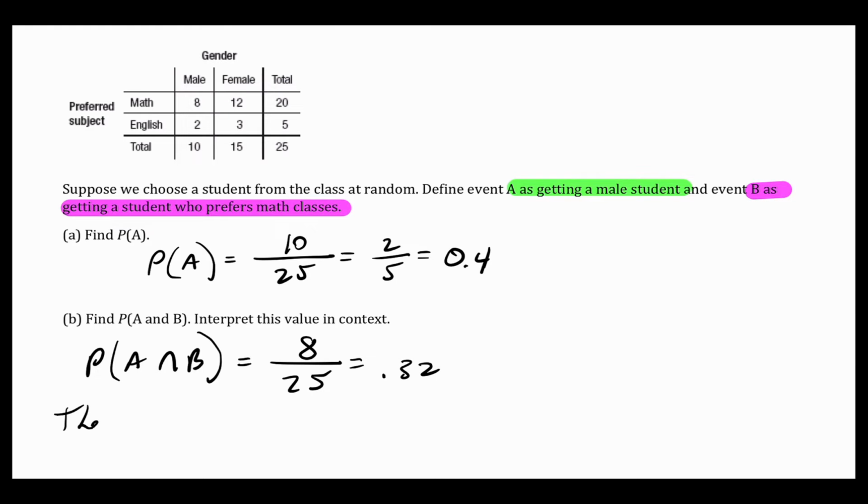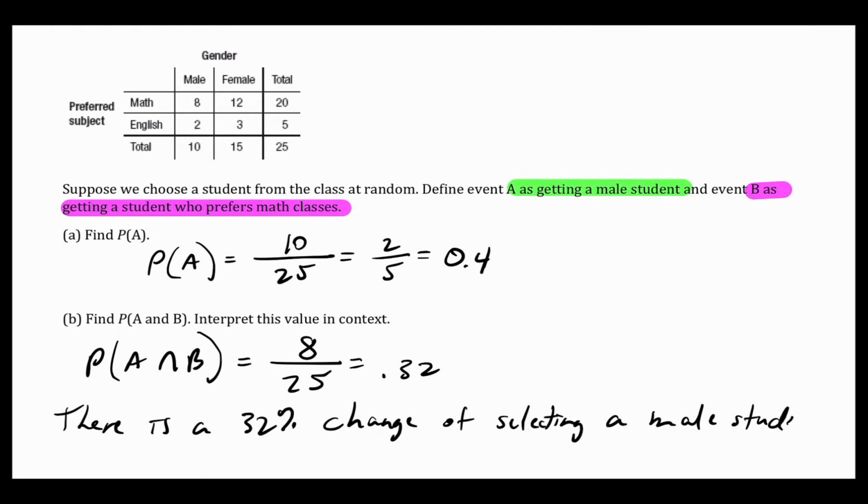So I would say there is a 32% chance of selecting a male student who prefers math. That's what that number means. If I were to reach in the hat and pull out a name, there's a 32% chance that that student is male and prefers math.